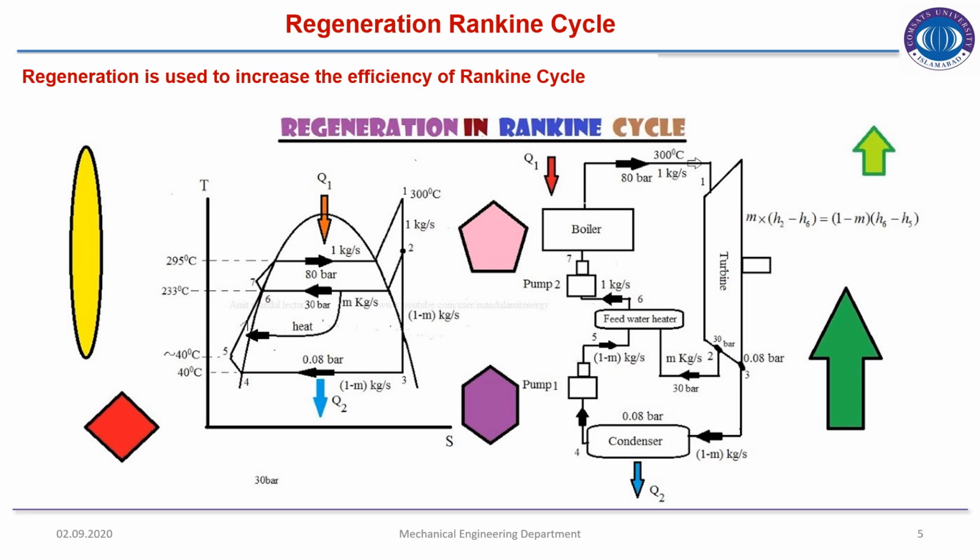So these three methods were discussed in the previous lecture. Another method to increase the efficiency of the Rankine cycle is the method of regeneration. In brief, the process of regeneration is to extract energy from one part of a cycle and introduce it to the other part.